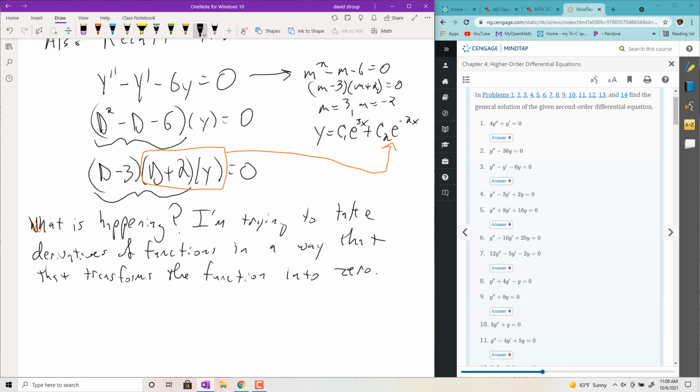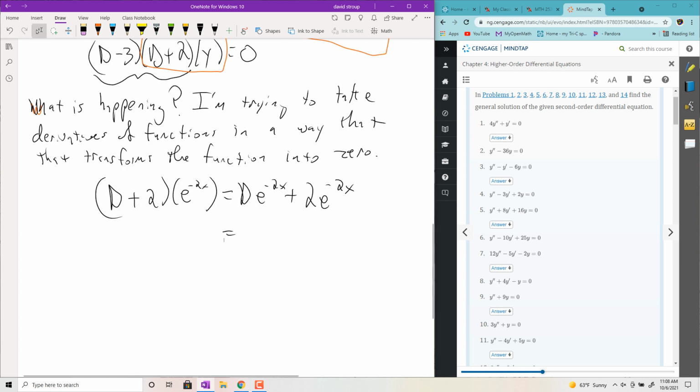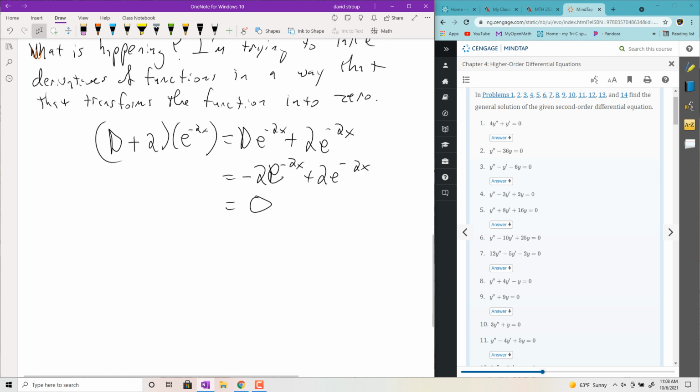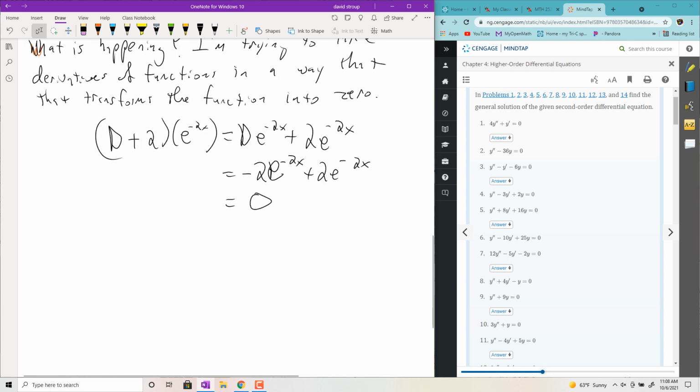Taking that thing I just put in red, let's take a look at it. D plus 2, and let's plug in e to the negative 2x. I'll have D of e to the negative 2x plus 2 times e to the negative 2x. The derivative of e to the negative 2x is negative 2 e to the negative 2x, plus 2e to the negative 2x, and that equals 0. So what I have there is an annihilator of e to the negative 2x.